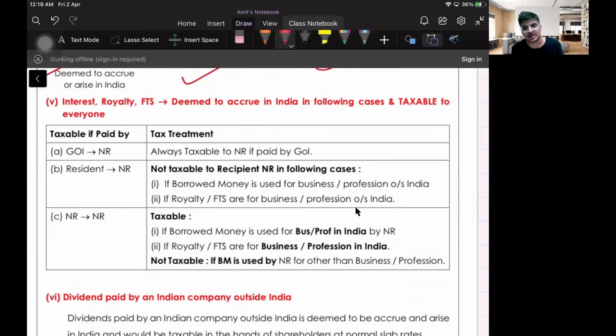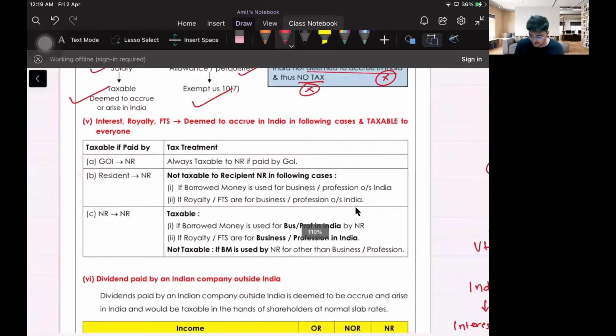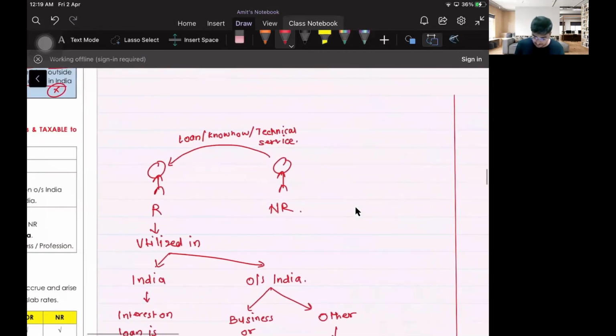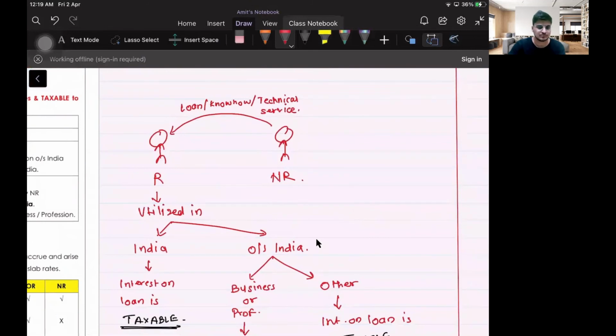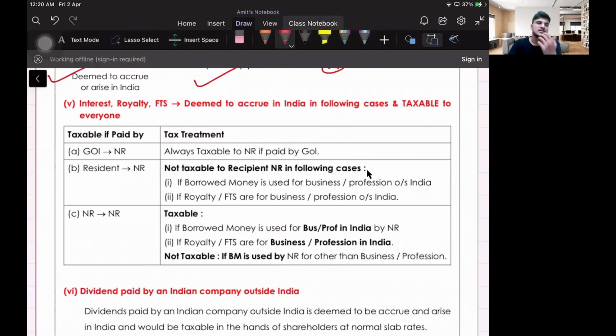It is deemed to accrue in India in the following cases and is taxable to everyone. For that, I have one diagram. In this, basically the government of India is paying interest, royalty and fees for technical services to a non-resident. Interest the government is paying, meaning the government must have taken a loan from the non-resident.